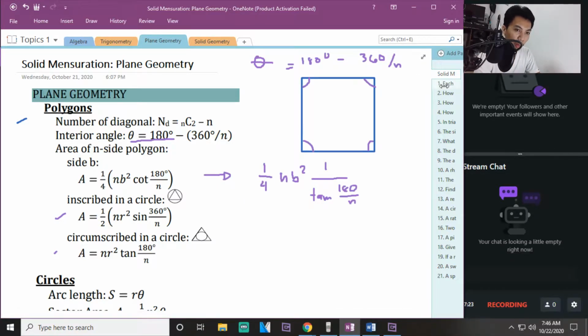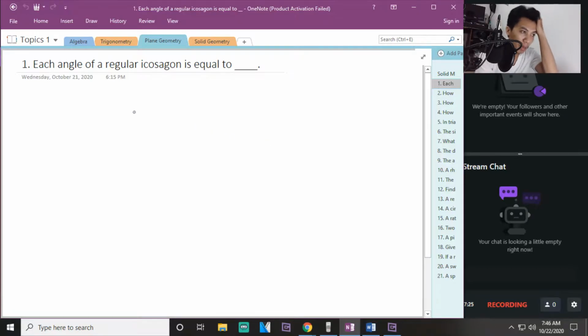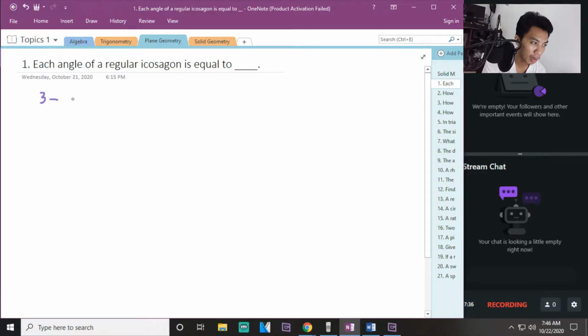Pagdating dito. In naming your polygons, kapag one side, walang ganun. Two sides, walang ganon. So, the minimum side of the polygon is 3. Anong tawag dito? Triangle. Kapag 4 side, square, no, that is quadrilateral.